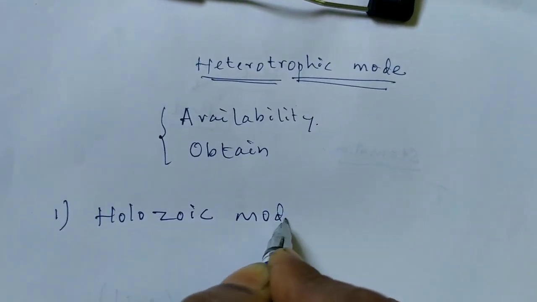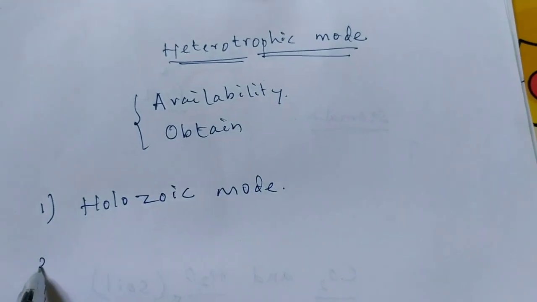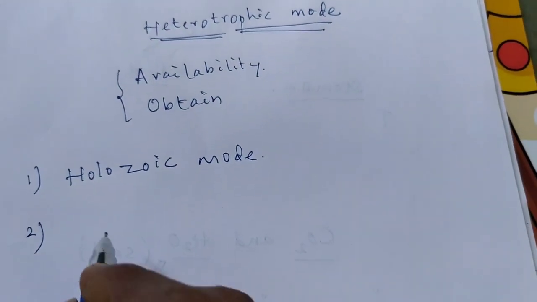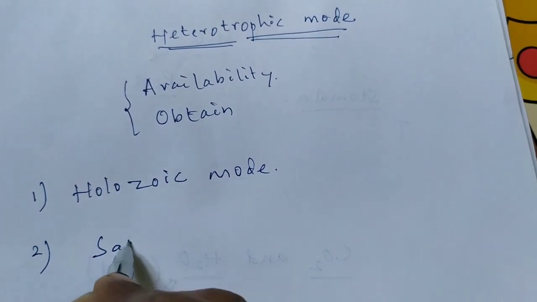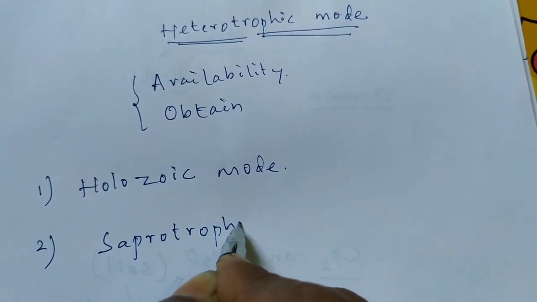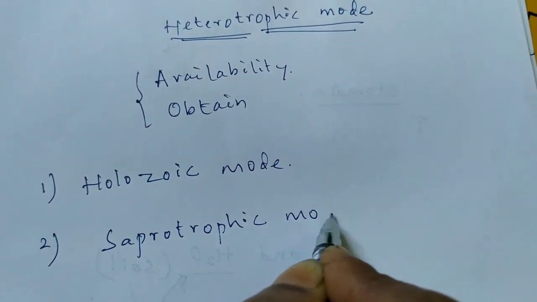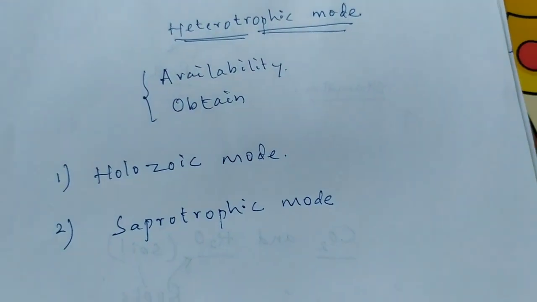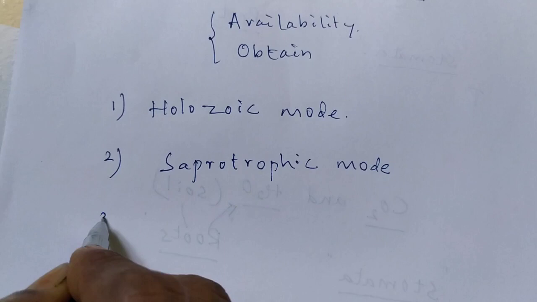It may be the holozoic mode, the second one is the saprotrophic mode, and the third one is parasitic.